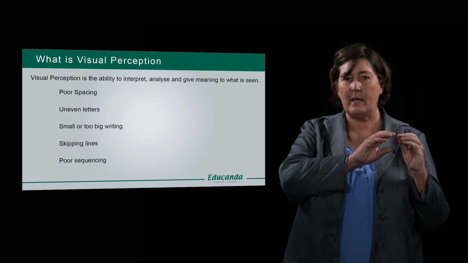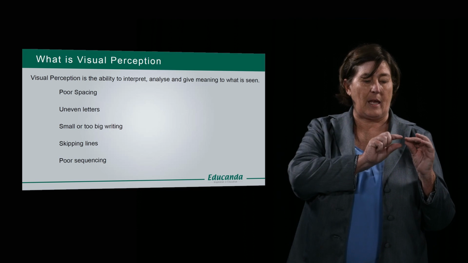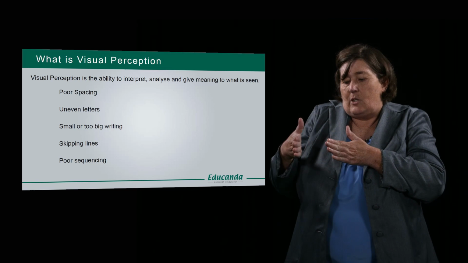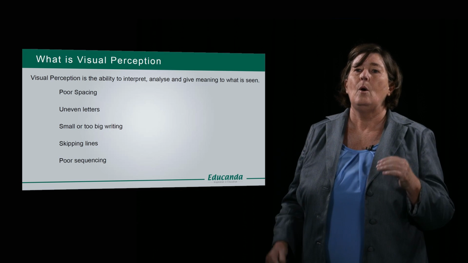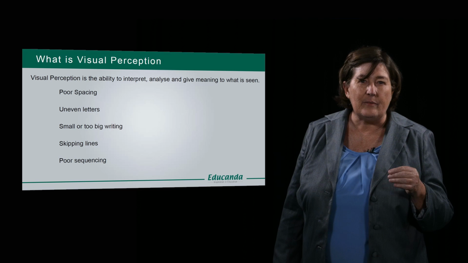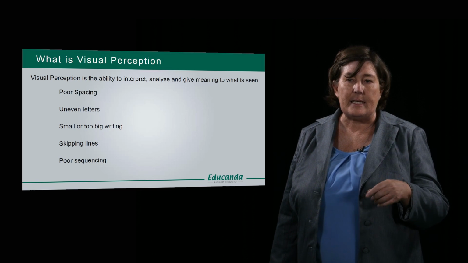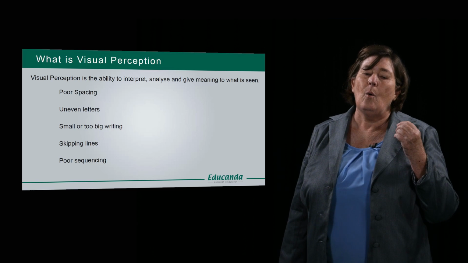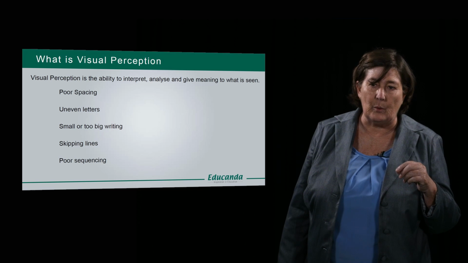They sometimes try and fit the whole sentence into the line, so they have big spacing at the beginning and they squash everything right at the end of the line. Or they have uneven letters. Your capital letters are even smaller than your lowercase letters, things like that. Or they write hopelessly too big or very, very small.